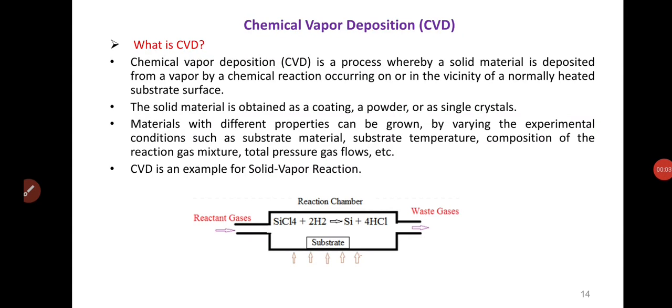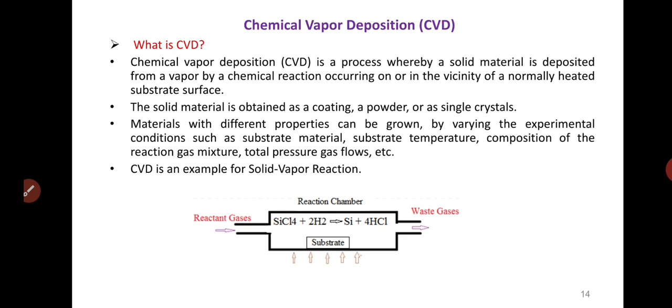Now let us discuss another method used for crystal growth, chemical vapor deposition, that is CVD. Now what is CVD? It is a process whereby a solid material is deposited from a vapor by chemical reaction occurring on or in the vicinity of a normally heated substrate surface.